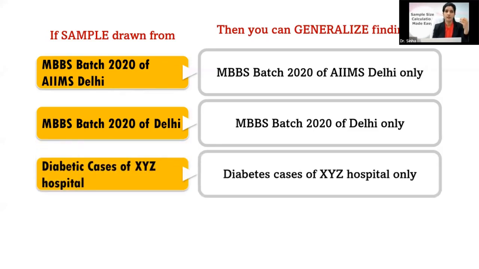Similarly, if you are recruiting diabetic cases of an XYZ hospital, then your generalization will be to diabetic cases of that hospital only. You cannot generalize it to all diabetic patients. By all these examples, we want to convey that whenever you generalize your finding, your generalization should be only to that population from where you have selected your sample.